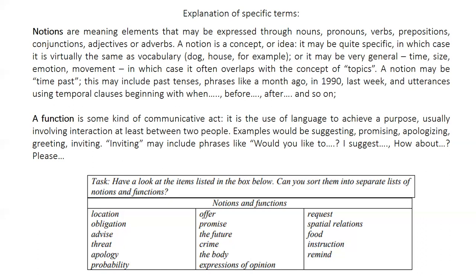Then, in order for your idea to be realized or expressed, you need to function. You need to act, and that act is called the communicative act. So you need to put it into language. You need to talk, and there must be at least two people involved, like the speaker and the listener.